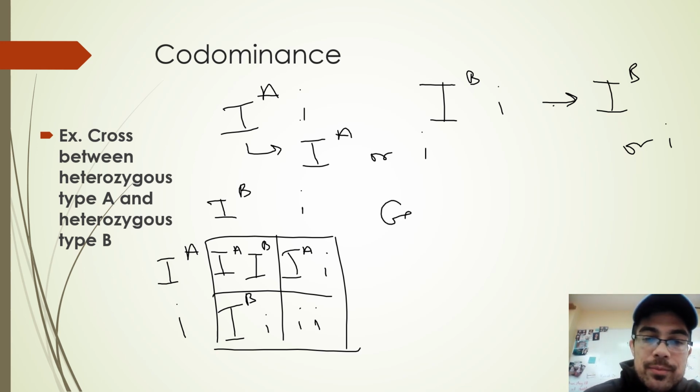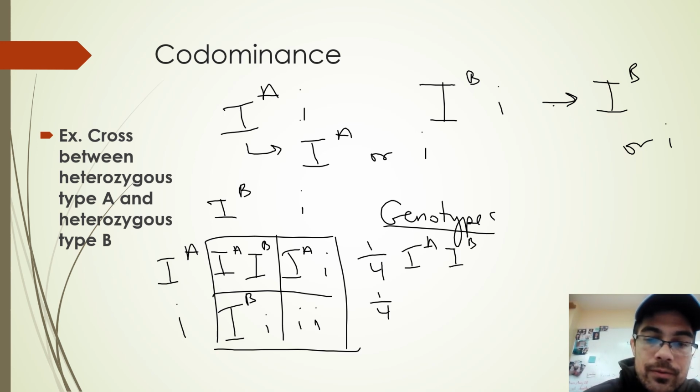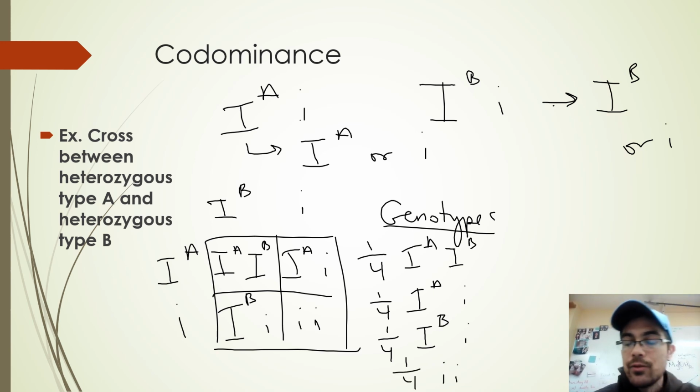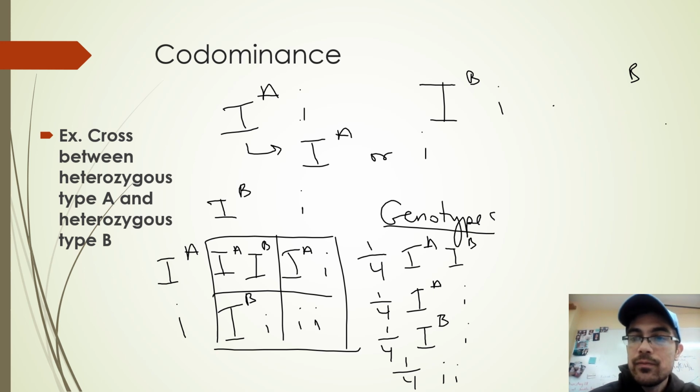And so the genotypes would be 1/4 IA IB, 1/4 IA i, 1/4 IB i, and 1/4 ii. So phenotype-wise, we would end up with, I'm going to just make some space up here, running out of room.